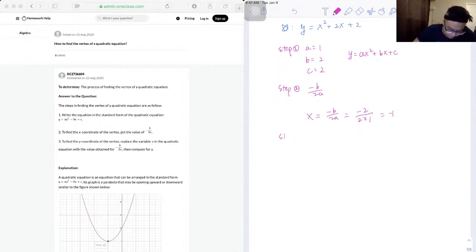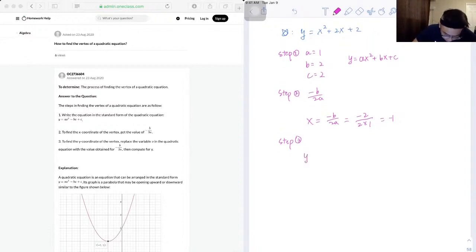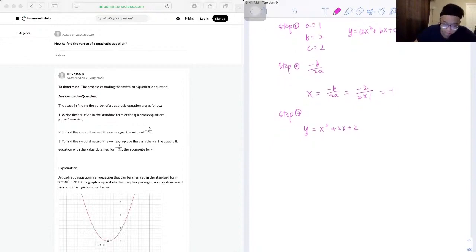Alright, so step 3. We need to compute our y-coordinate by substituting the value of x calculated above into the given quadratic equation. So let's copy down the original equation first. y is equal to x squared plus 2x plus 2. And we know that x is equal to negative 1.